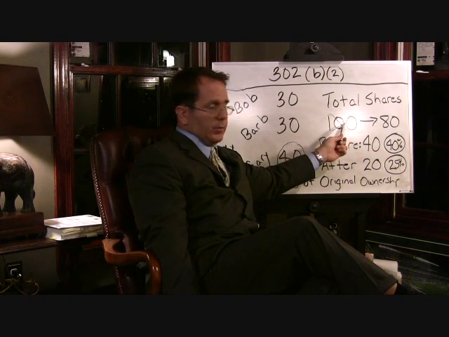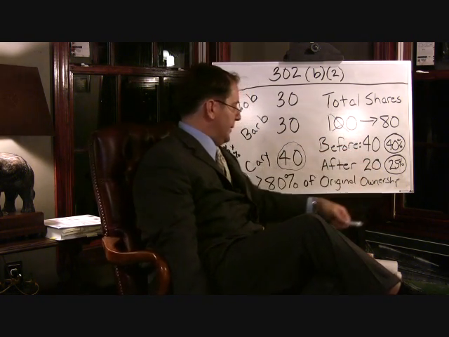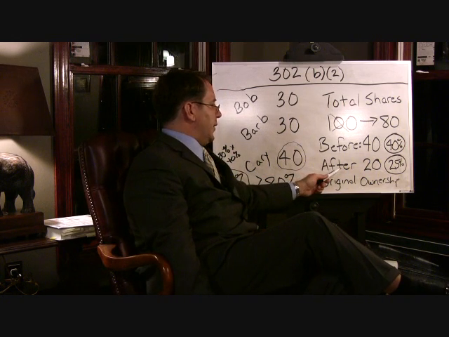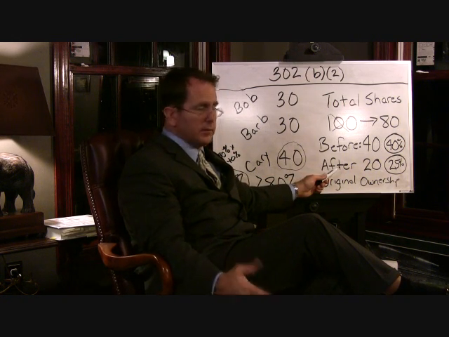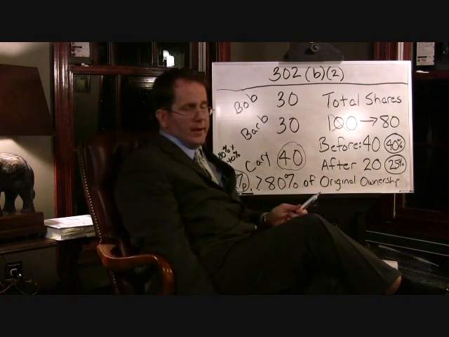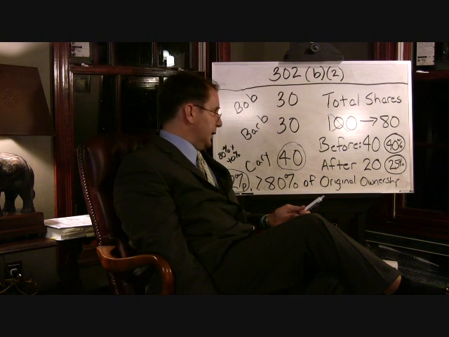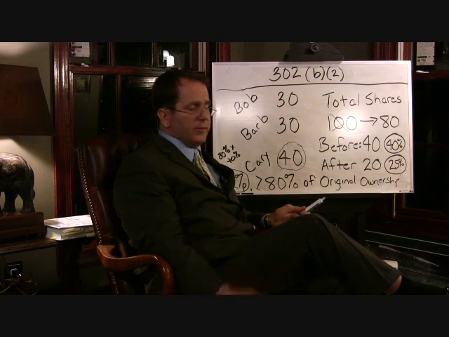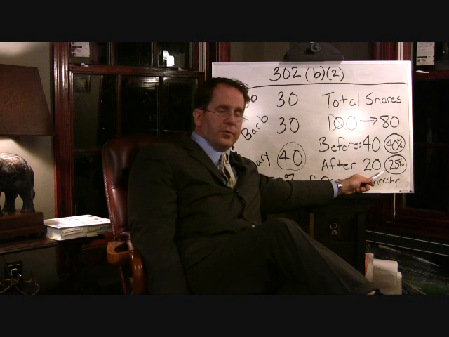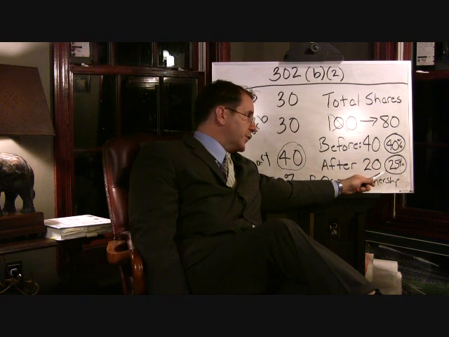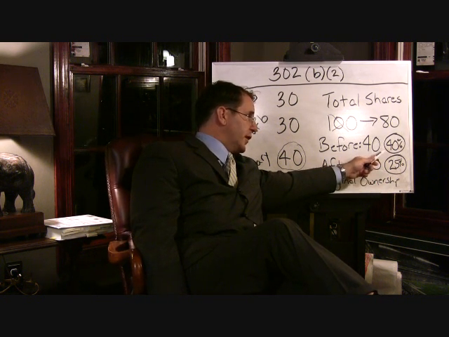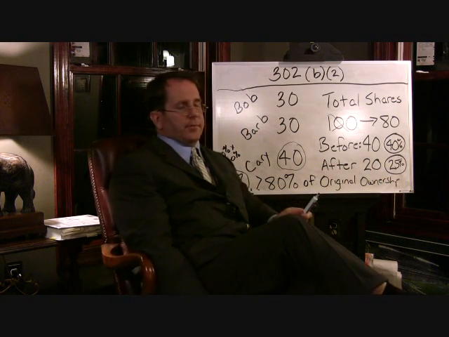The denominator is 100. She has 40%. After, she owns 20 shares, but how many shares are outstanding? There's a total of 80 shares outstanding. So her percentage of ownership is down to 25%. She has gone from 40% to 25%.